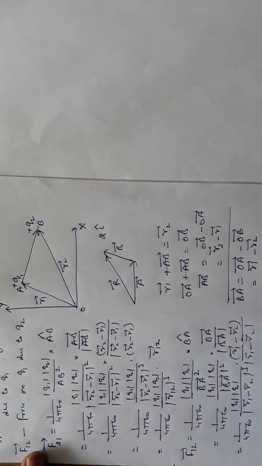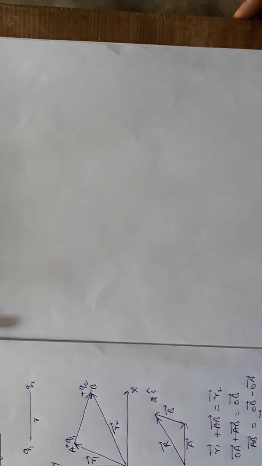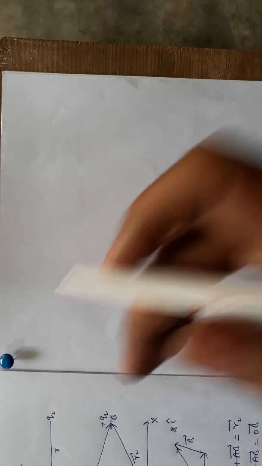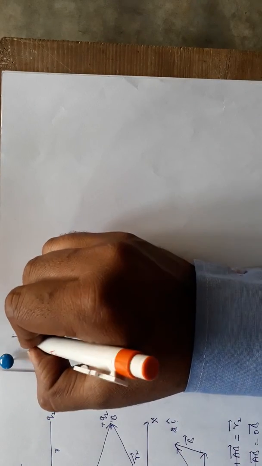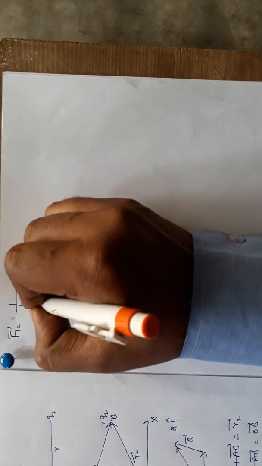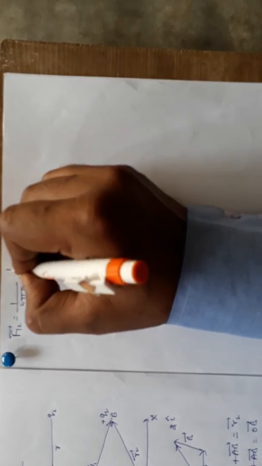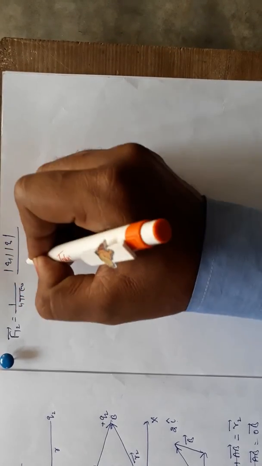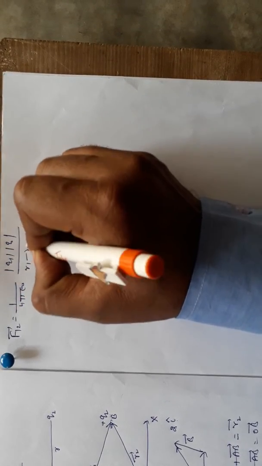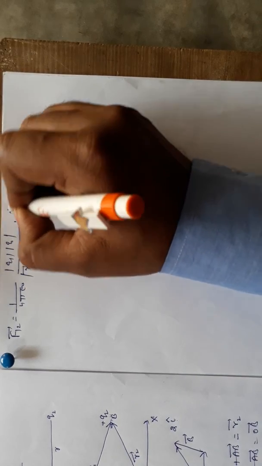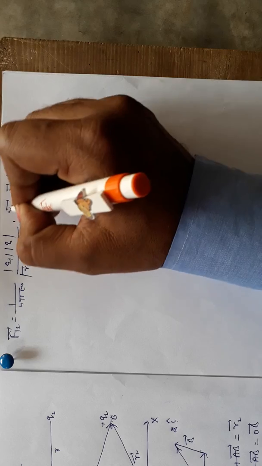Okay, so now we can write the force on charge q1 due to charge q2 as 1 by 4 pi epsilon naught mod q1 mod q2 upon mod r1 minus r2 whole cube, multiplied by r1 vector minus r2 vector.